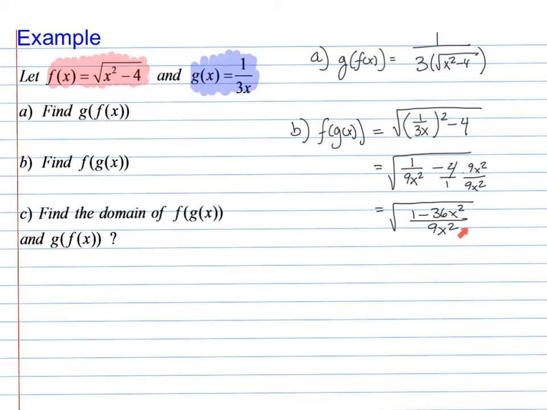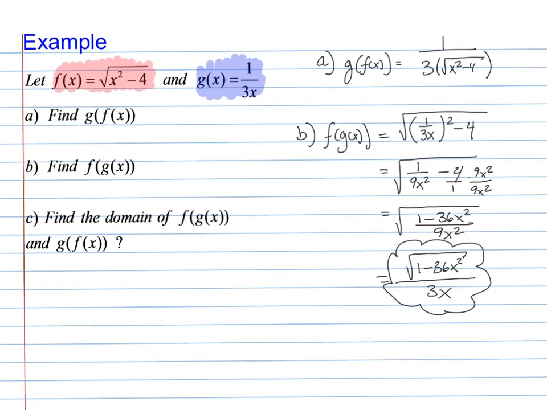So take the square root of the bottom term because it's a monomial. We cannot take the square root of 1 minus 36x squared because of the minus sign. So if we simplify it again, we're going to have the square root of 1 minus 36x squared, all of that divided by 3x. And that is our function in simplified form.